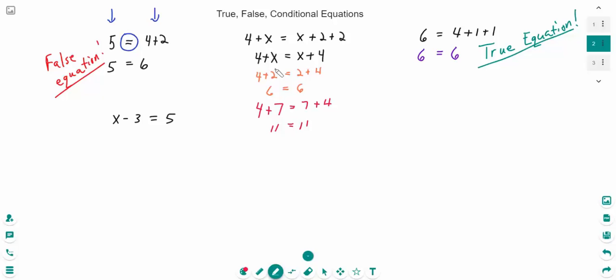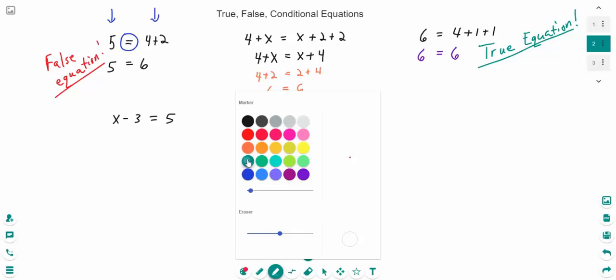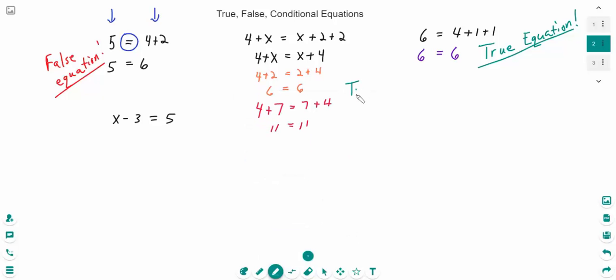No matter what that value is, you'll always end up with a true equation. Okay, for this particular one. So this is another example of a true equation because it's always true. No matter what we plug in for x, it's always true. Okay? Even though we have variables.